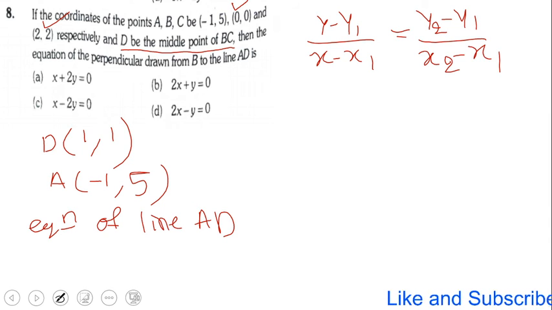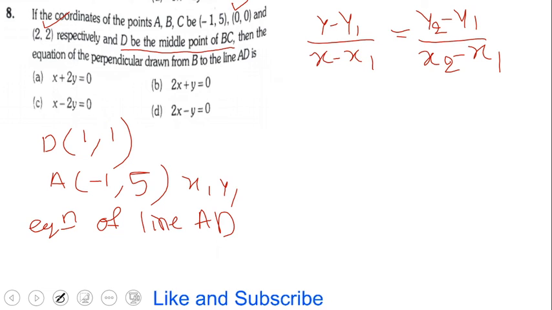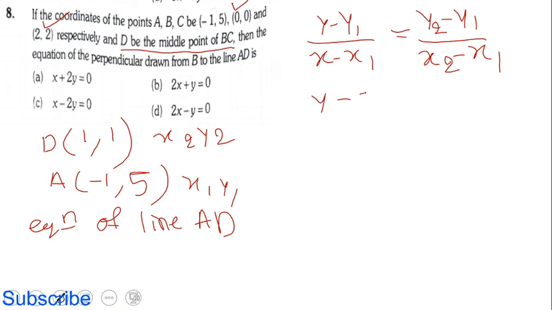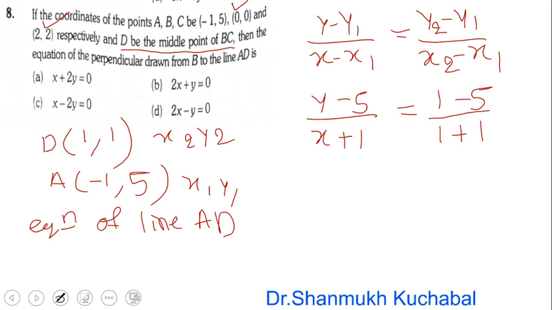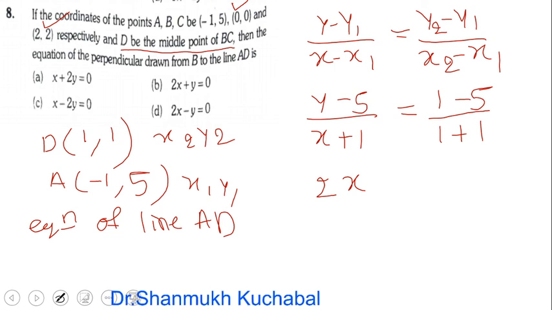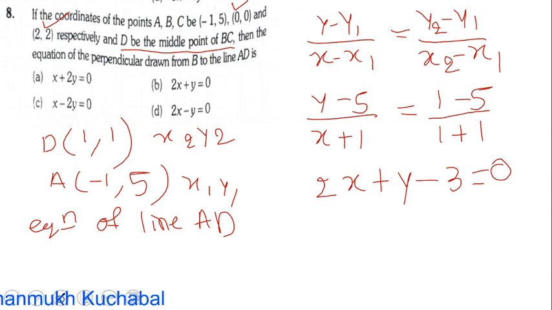Last class we discussed this. So point A we will take as x1, y1, and point D as x2, y2. We substitute the values: y minus 5 divided by x plus 1, and on the RHS we get 1 minus 5 divided by 1 plus 1. We simplify this equation and get the solution as 2x plus y minus 3 equal to 0.